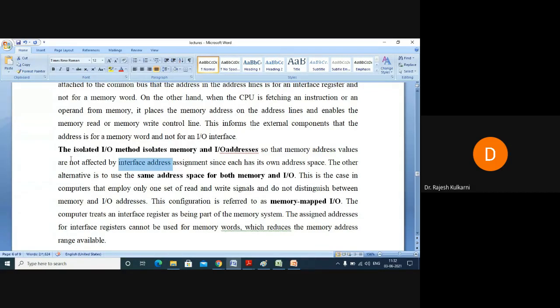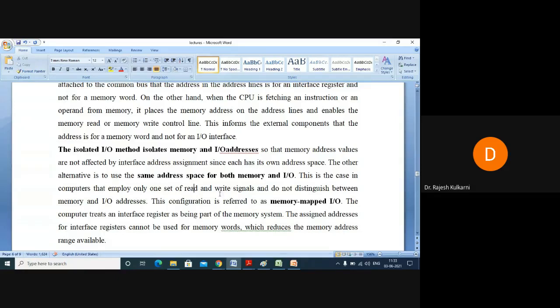Now, this is one way of doing things: the isolated IO method. The other way of doing things is that the same address space will be used for both memory and input output. Here the read signal and the write signal have only one set.